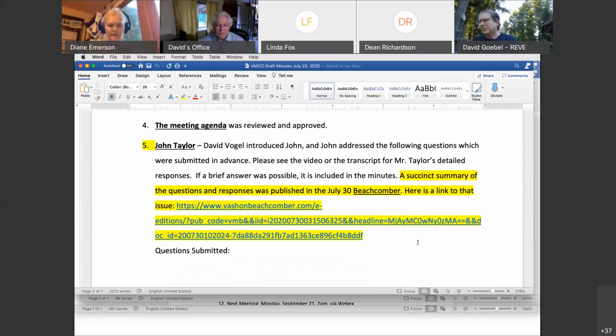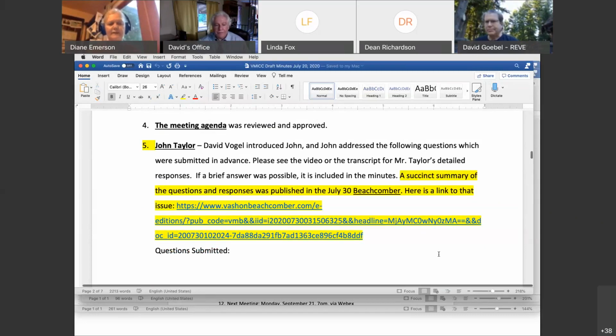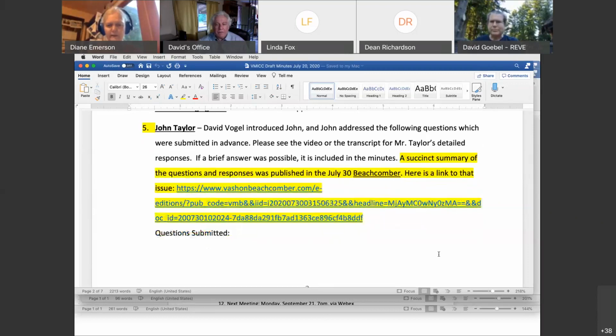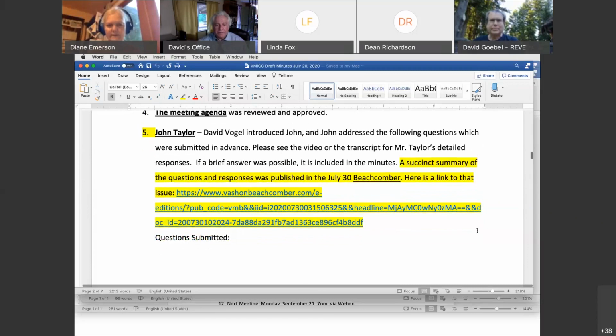But fortunately, Paul Rowley at the Beachcomber did a wonderful summary of this meeting and the questions and answers for John Taylor. I would very much like to include that link to what Paul Rowley wrote in the minutes of this meeting. That's different than the draft minutes that were sent out to everyone after that meeting. So this is a modification of the minutes that I would like to propose.